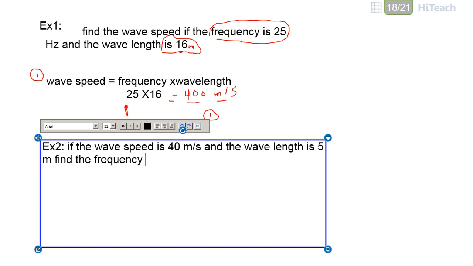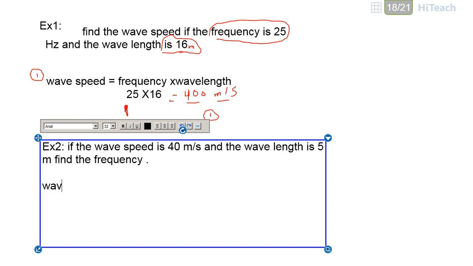Let's think about this one. Here the unknown is the frequency. What is the given information? I have the wave speed and the wavelength. So we can use this formula.